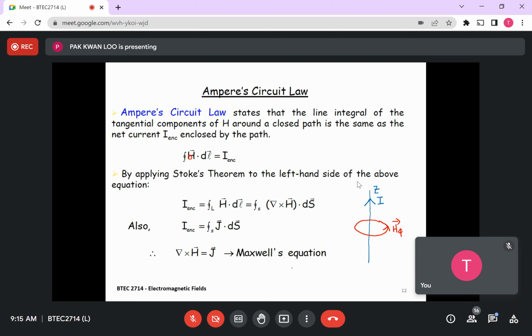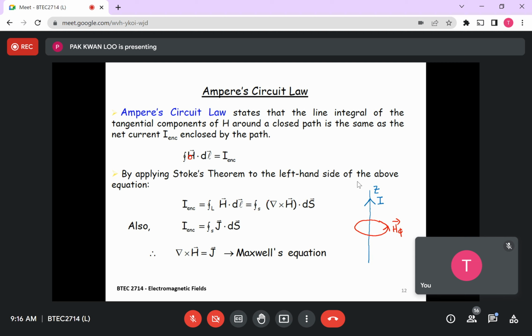So by Ampere's law, extending some of the vector calculus theory that we have discussed before regarding Stokes theorem. Stokes theorem relates the line integral with the enclosed area.